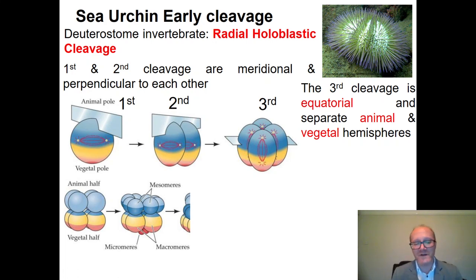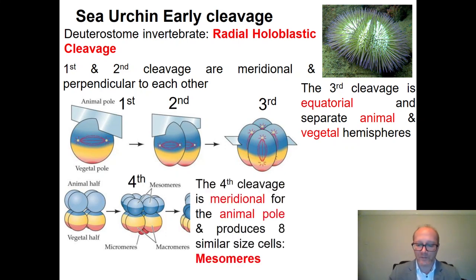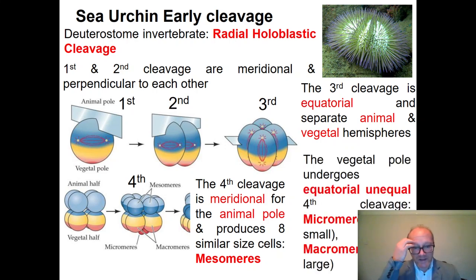Now the fourth cell division is quite peculiar in this animal. It is peculiar because the four cells in the animal half divide meridionally from top to bottom, all of them, and they produce cells that are quite similar in size, called mesomeres. However, the cells on the vegetal pole divide equatorially, but they don't divide in the middle.